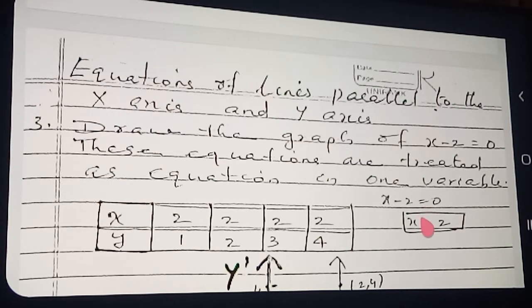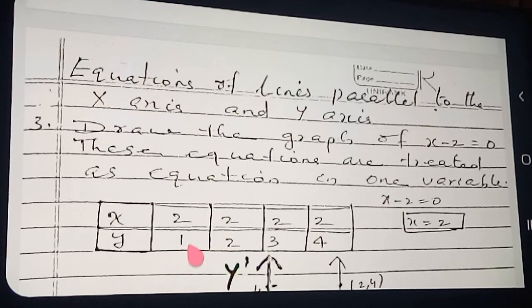For drawing the graph, we need y also. Only when an ordered pair is there can we draw the graph. So what I have written here is x is equal to 2 everywhere. Any value you give y, the value of x will not change, because the y term is absent. If you are adding it, we add it with a 0.